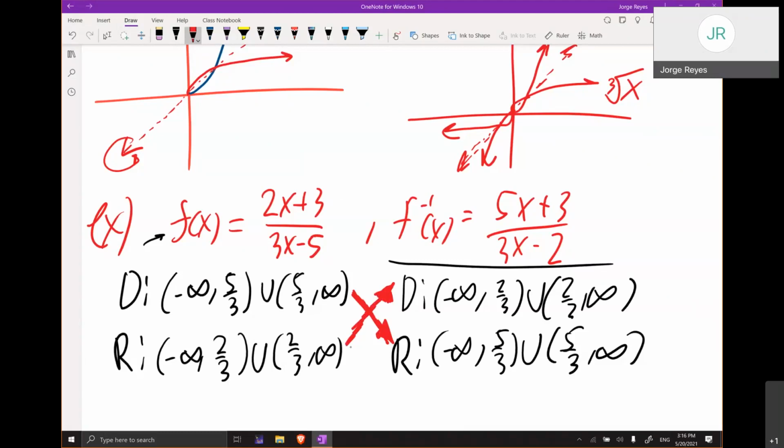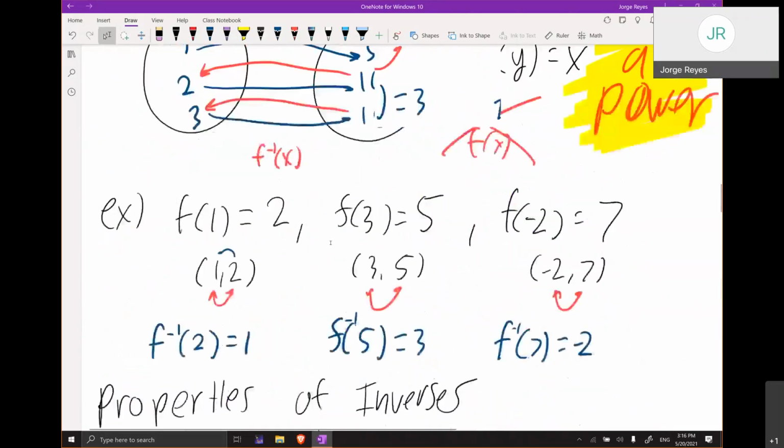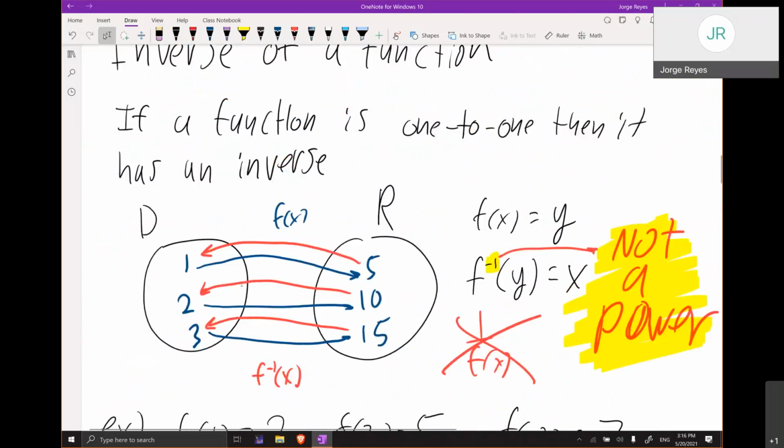And that makes sense because if you look back at like the bubble chart, right, f inverse's domain is this thing, which is the range of f, right? And the range of f inverse is this bubble, which is the domain of the original. So it's literally just flipped, right? They just swap with each other.